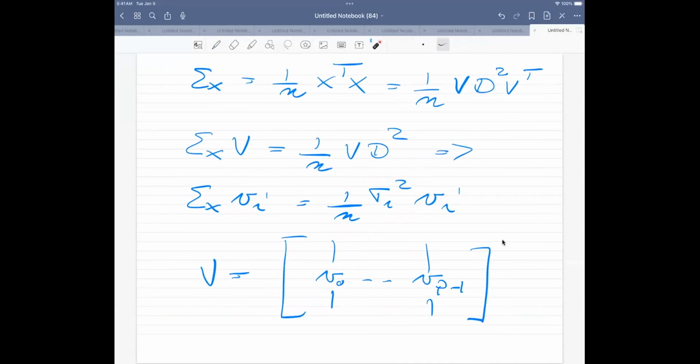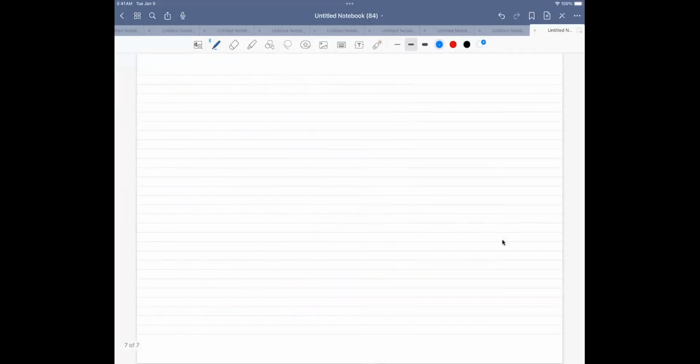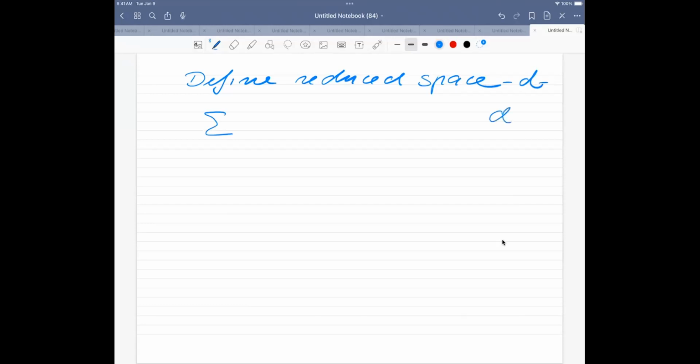So what I could say now is that I could define a reduced space where I have a dimensionality which I'm just going to call D. And this D is assumed to be smaller or equal than the rank of the correlation matrix or the covariance matrix.